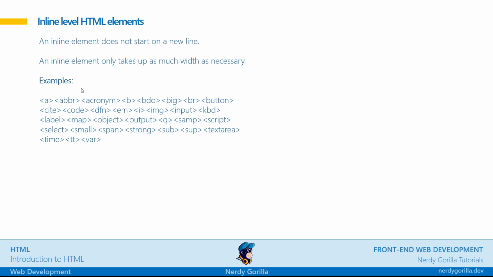Examples of inline HTML elements are anchor tags, ABBR, which stands for abbreviation, acronym, B for bold, BDO for bidirectional, big for big fonts, BR for line breaks, button, cite, code, etc. You should know these inline level elements by heart.